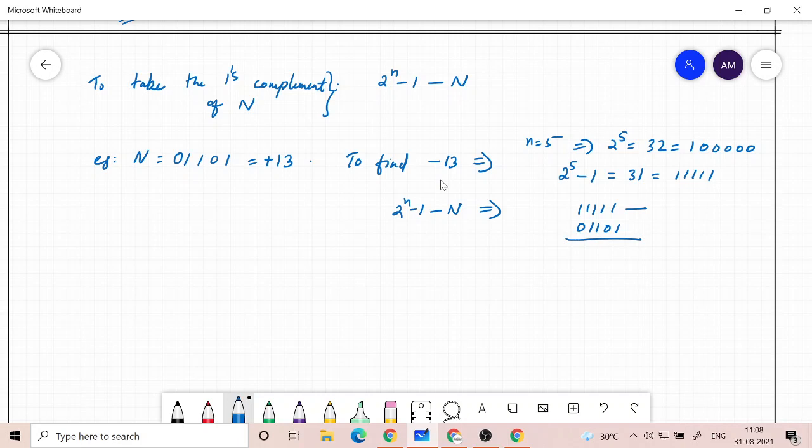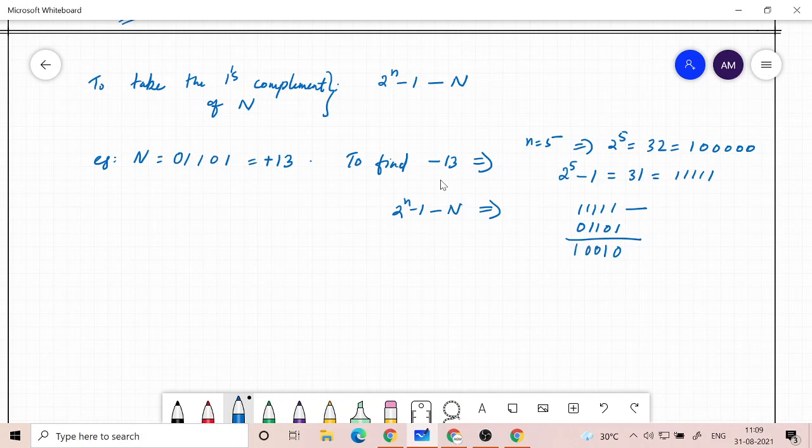All right, so if you look at it, 1 minus 1 is 0, 1 minus 0 is 1. So we are doing subtraction, and just now I will show you that you don't really require a subtraction for this. You can see it by yourself right now itself. 1 minus 1 is 0, 1 minus 1 is 0, 1 minus 0 is 1.